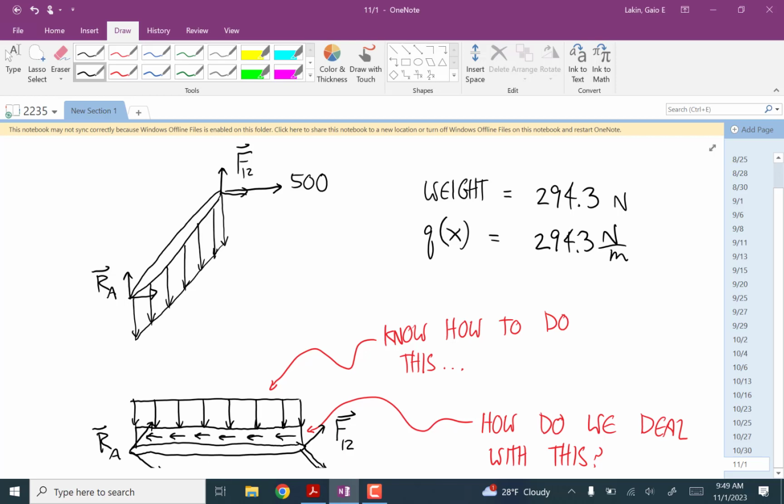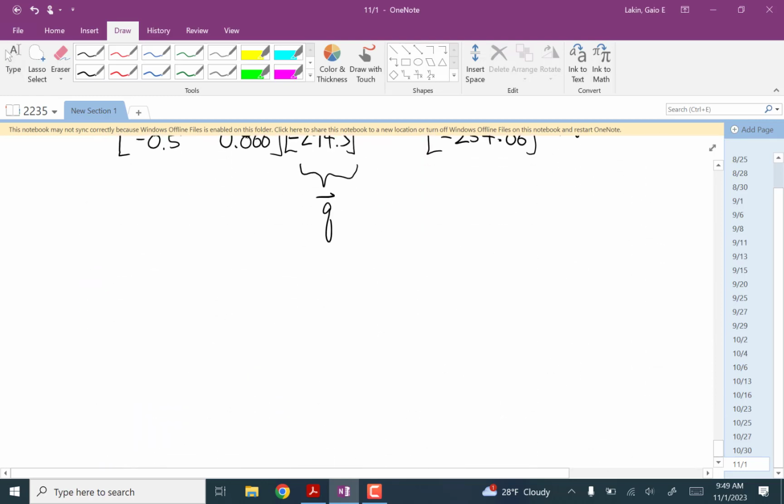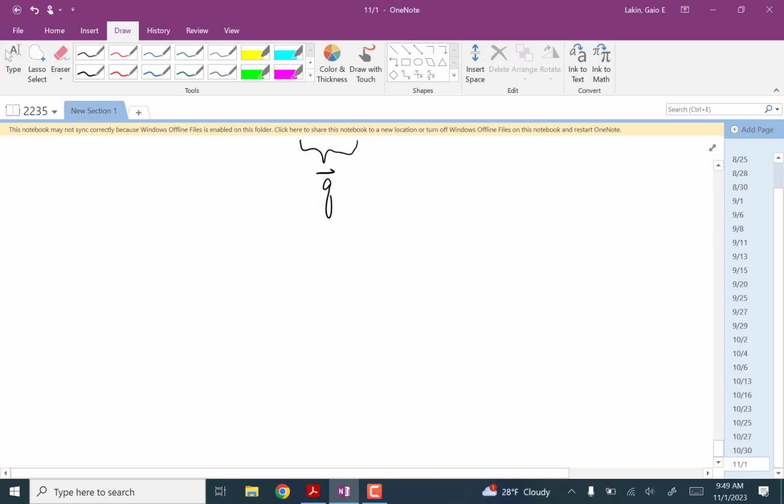We're breaking up this distributed load into components, but it's all straight down. So we're representing this distributed load as 0 distributed load along the x direction and a negative 294.3 distributed load in the y direction. So then the rotation matrix just shifts the whole direction.